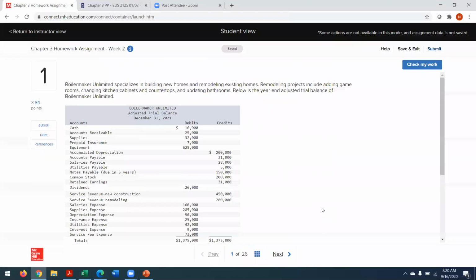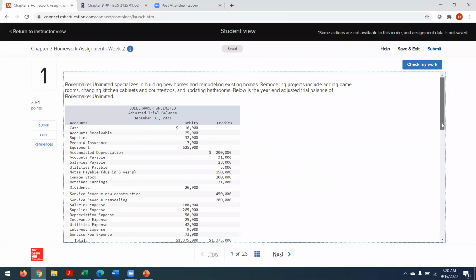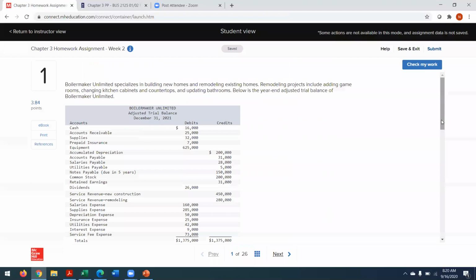Boilermaker Unlimited specializes in building new homes and remodeling existing homes. Remodeling projects include adding game rooms, changing kitchen cabinets and countertops, and updating bathrooms. Below is the year-end adjusted trial balance of Boilermaker Unlimited.